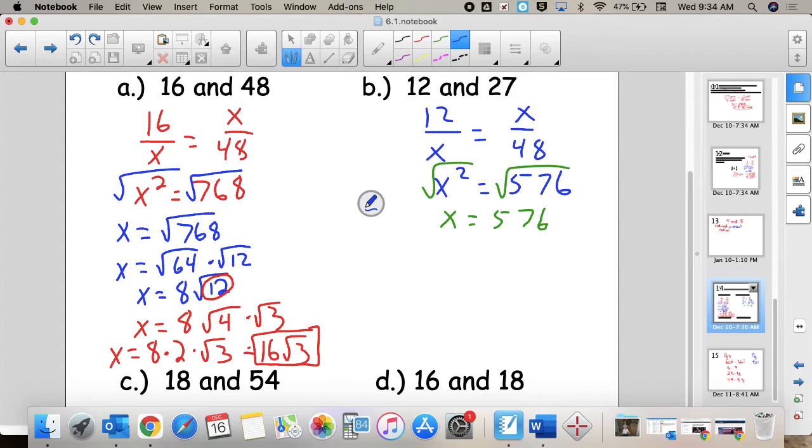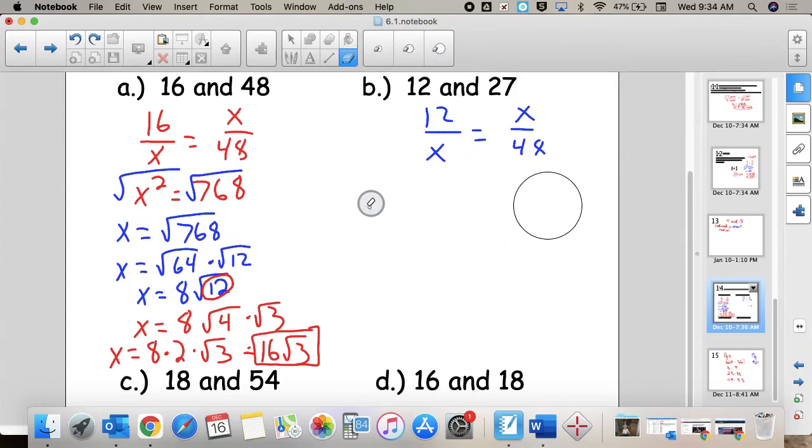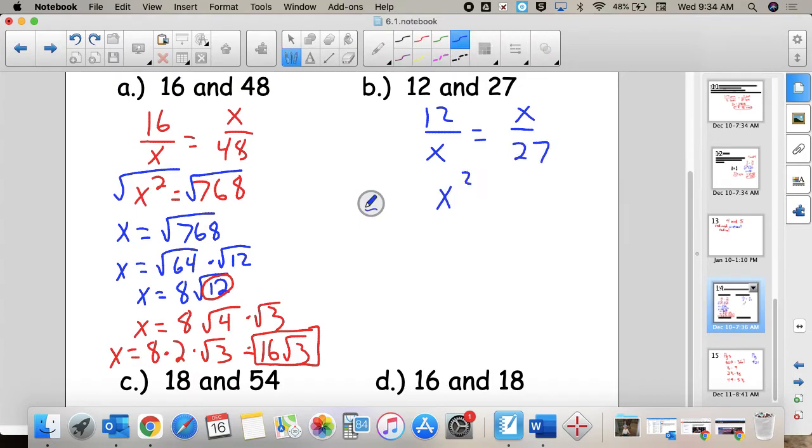I'm sorry. It should be 12 and 27. That is my mistake there. So I got x squared equals 12 times 27. It's 324. The square root of 324 is actually a whole number. It is 18.